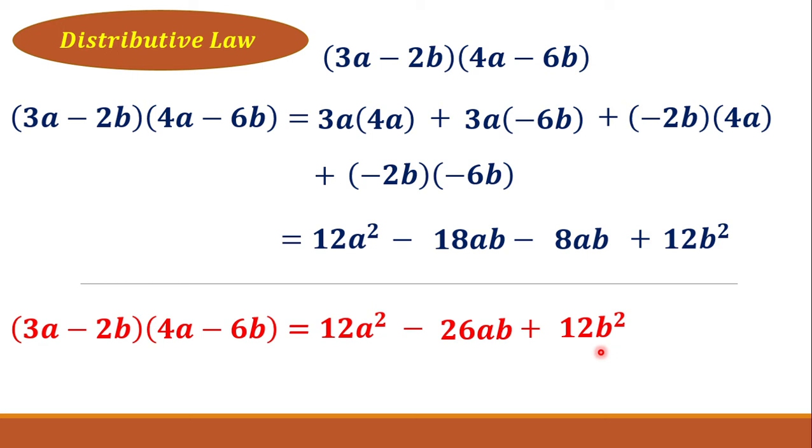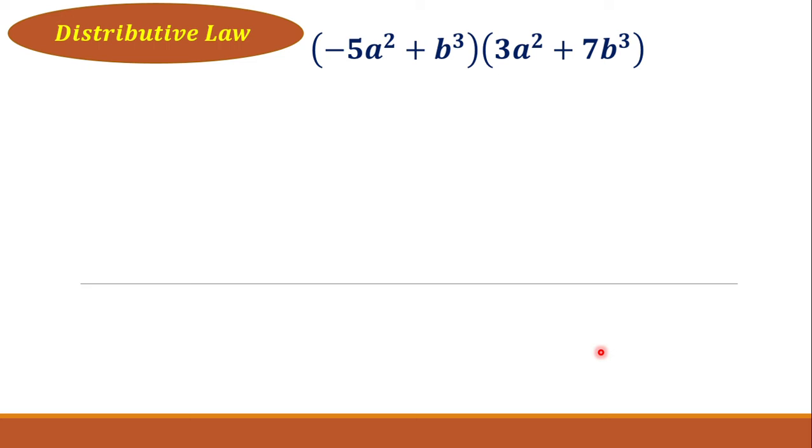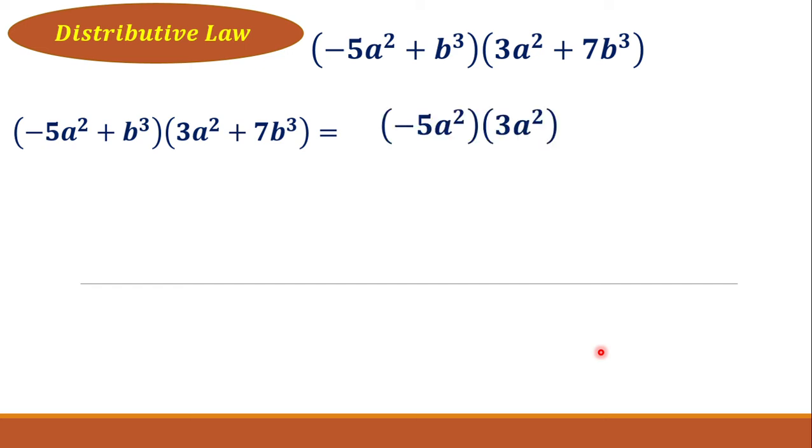Okay. Next. Ito naman, medyo nadagdagan, ano? Okay. So, ganun pa rin. Di-distribute lang natin yan. Negative 5A squared multiplied by 3A squared. Tapos plus uli, di ba? So, negative 5A squared multiplied by positive 7B cubed.